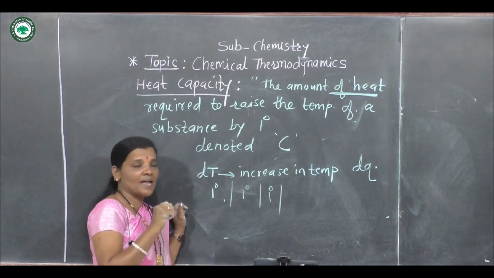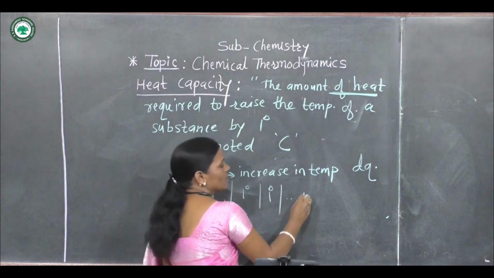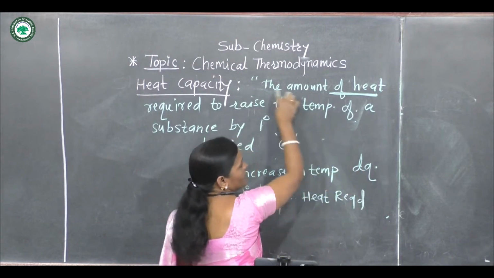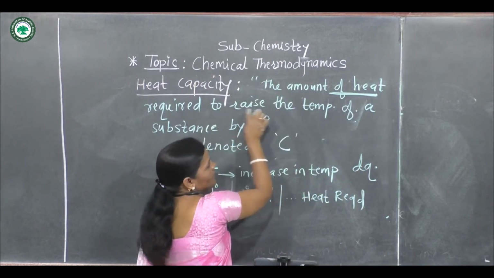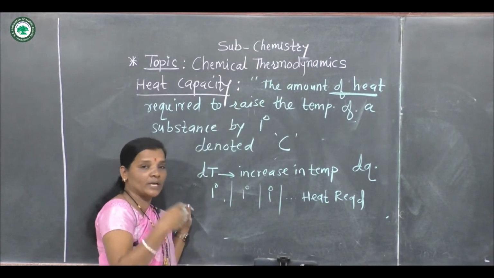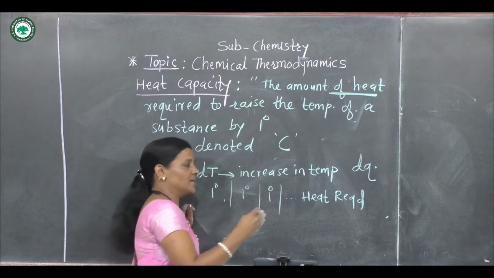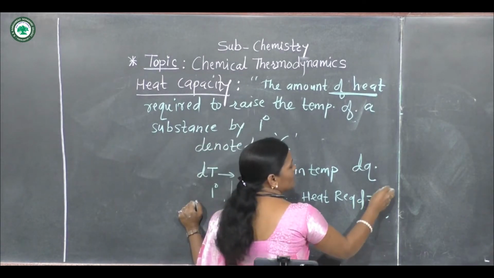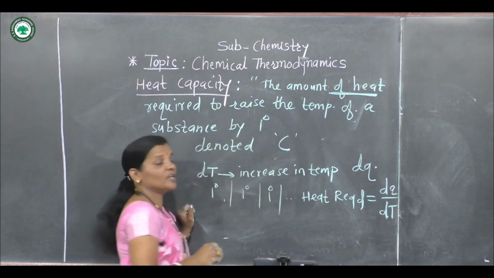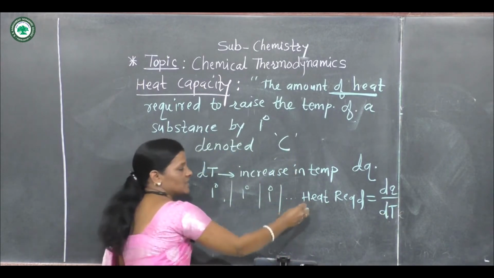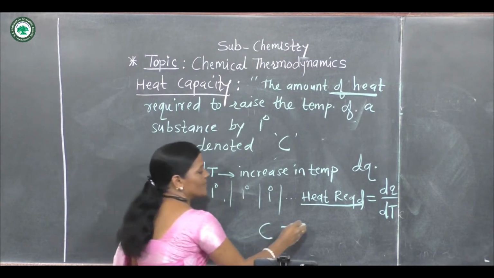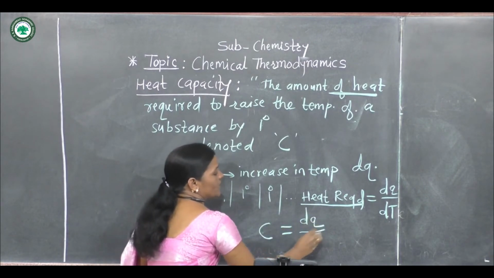So the heat required for every 1 degree Celsius rise in temperature is equal to dQ upon dT, and this is nothing but heat capacity. So we can write C is equal to dQ upon dT.